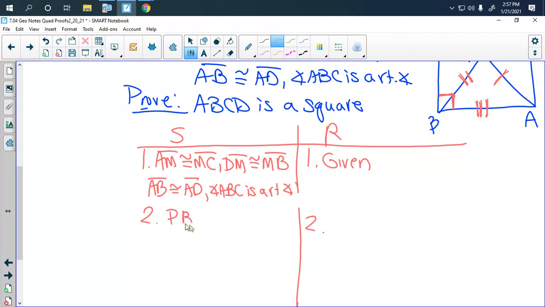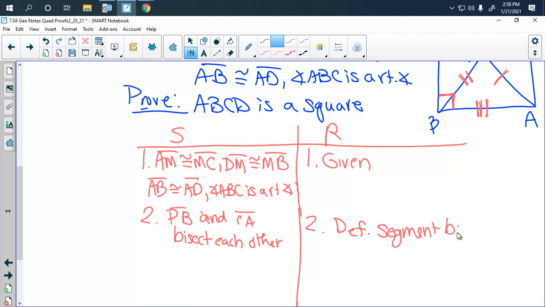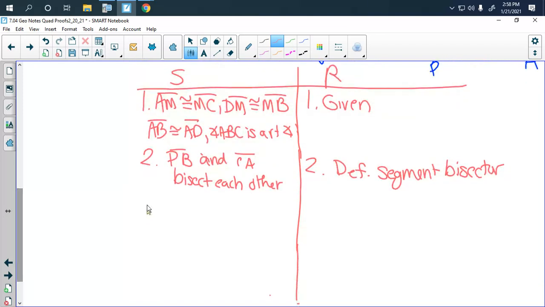Okay, so we've got segment DB and segment CA bisect each other. So you need to write that out first before you go right to saying that it's a parallelogram. And the reason we can say they bisect each other is, I would take here, the definition of a segment bisector. So we know that segment bisectors will split our segments into two congruent parts.